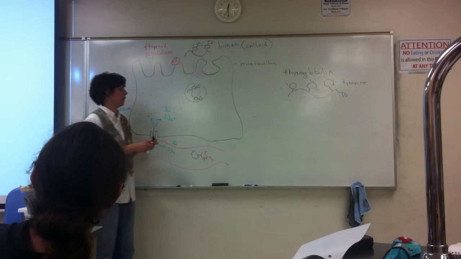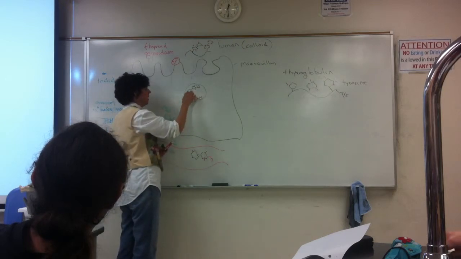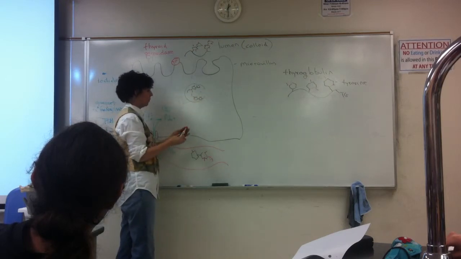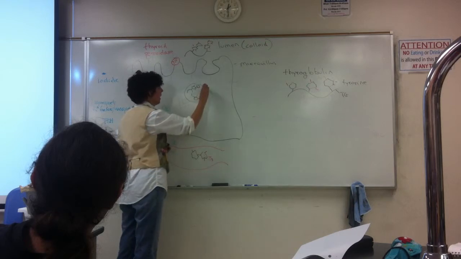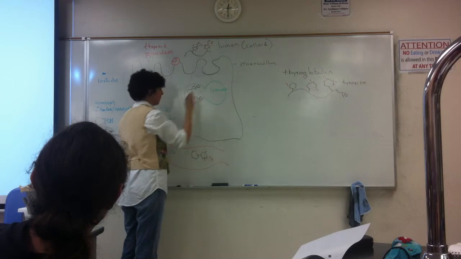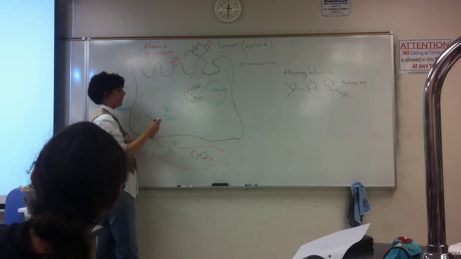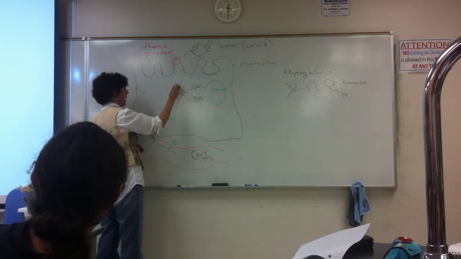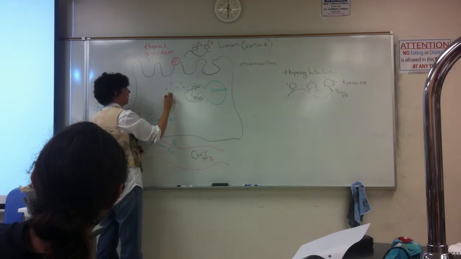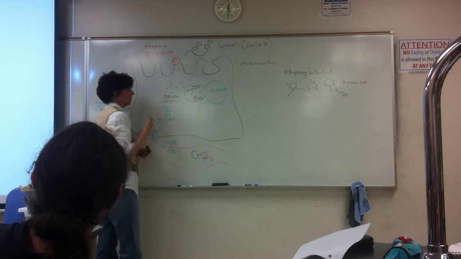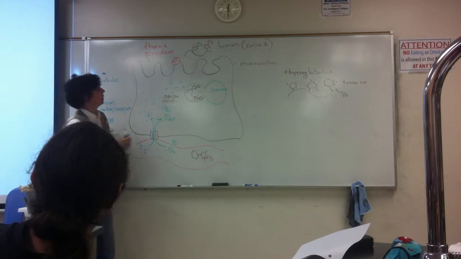It doesn't have a substrate for that. So the lysosome starts to break down the thyroglobulin, and it releases free amino acids into the cytoplasm to be used again to make more thyroglobulin.